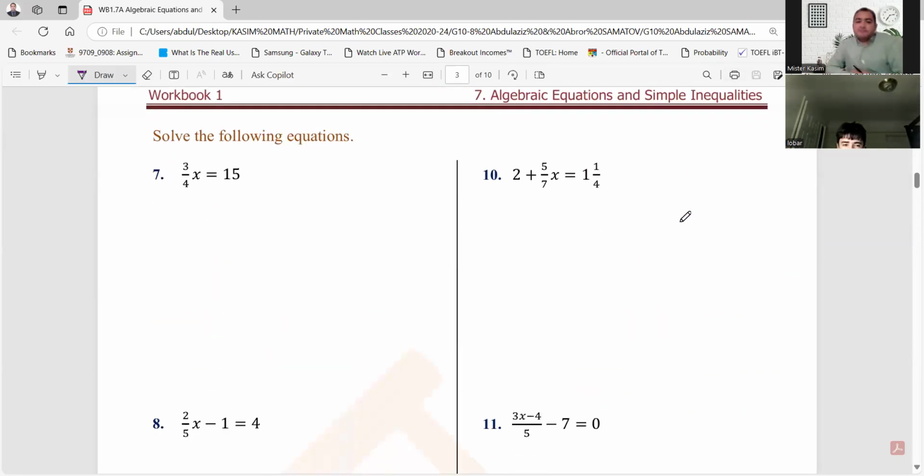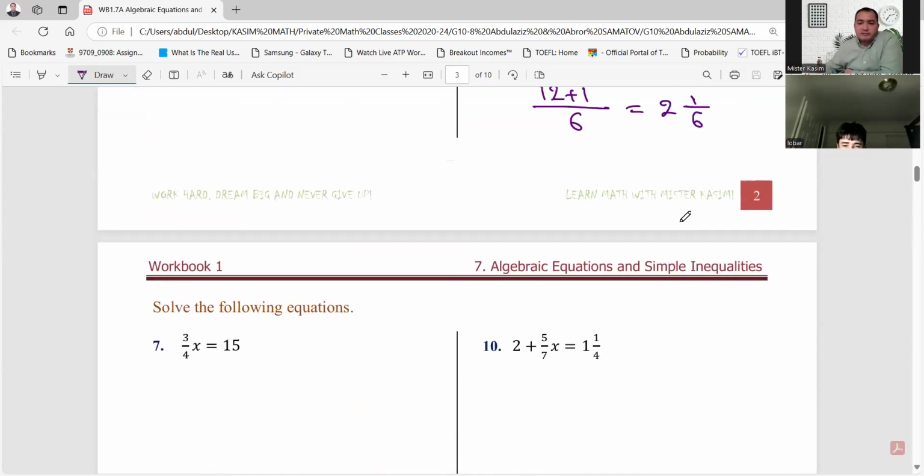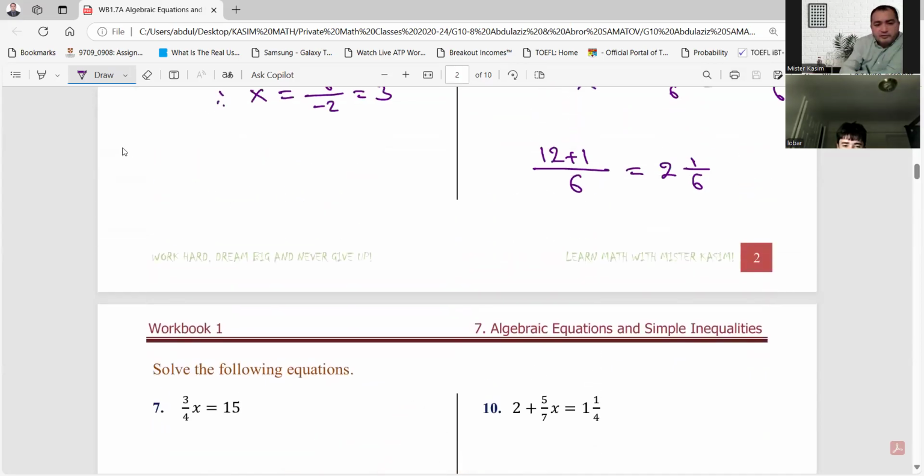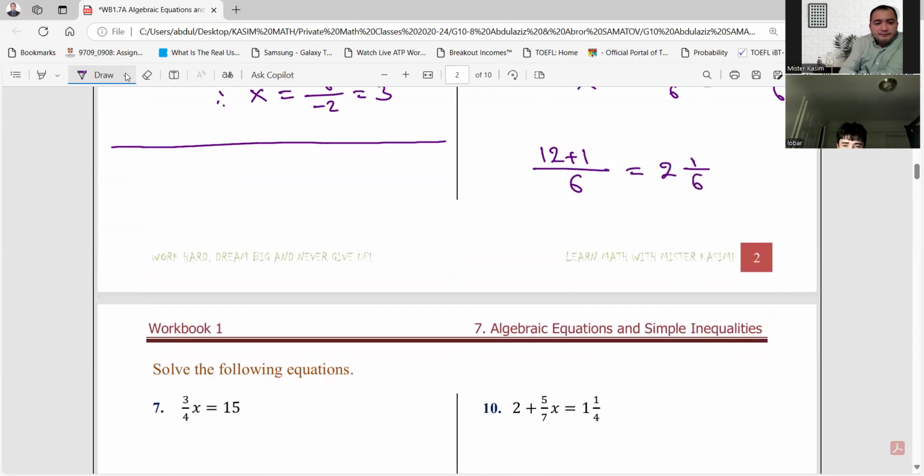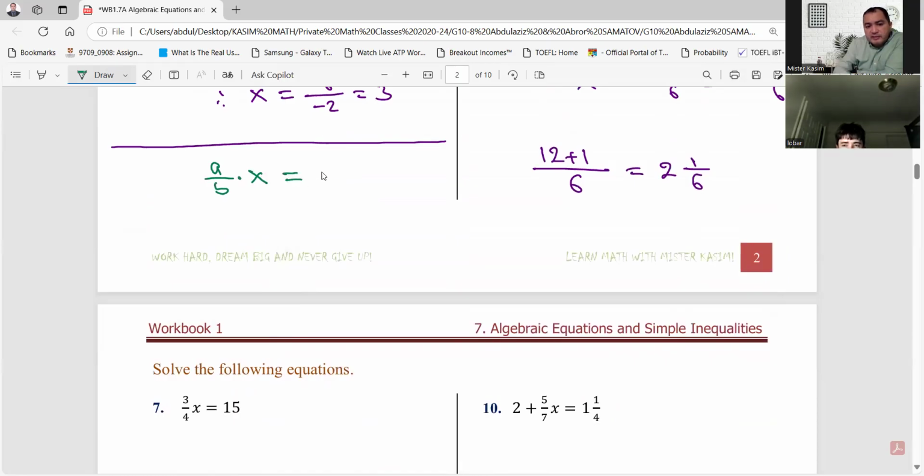All right. How about this? Once again, let me just remind you. If you're given a fraction A over B times X, and on the right-hand side we have C, how can I eliminate this A over B from the left-hand side?